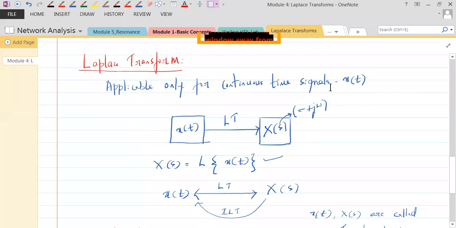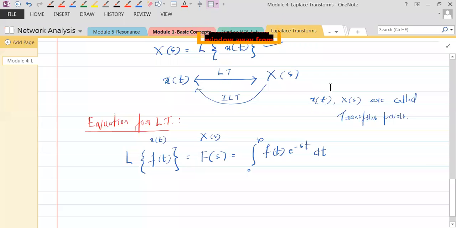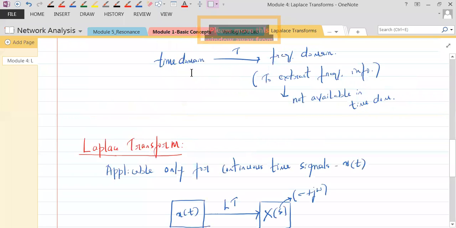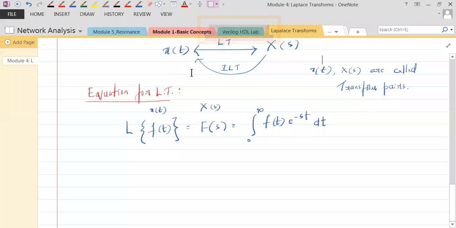But here, when it comes to electronics engineering, we are looking at signals, and on the signals you are applying the transforms. We have seen different types of transforms, and we have different types of signals. In that, we'll be seeing some basic signals. Okay, this is what the transform equation looks like.